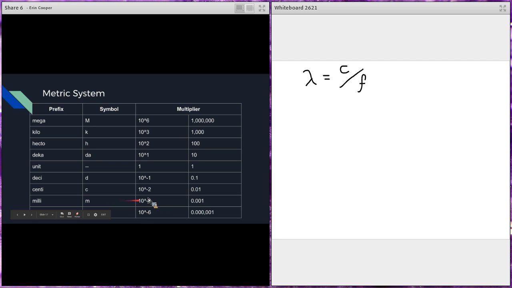Milli down here is the inverse of kilo, basically the opposite of kilo. Millimeter means you have 0.001 meters, or 1/1000th of a meter. And then micro down at the bottom is 10 to the negative 6, which you can see here is 0.000001.